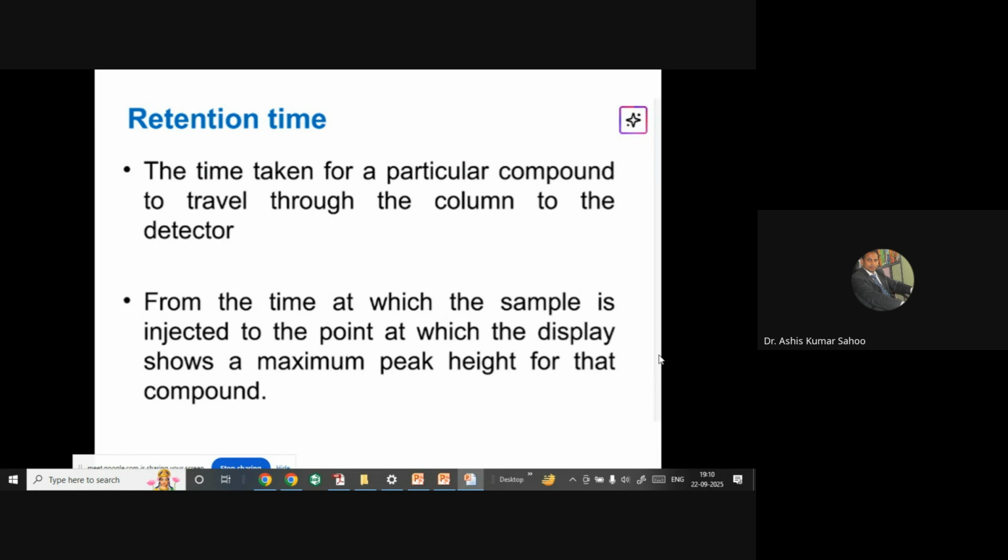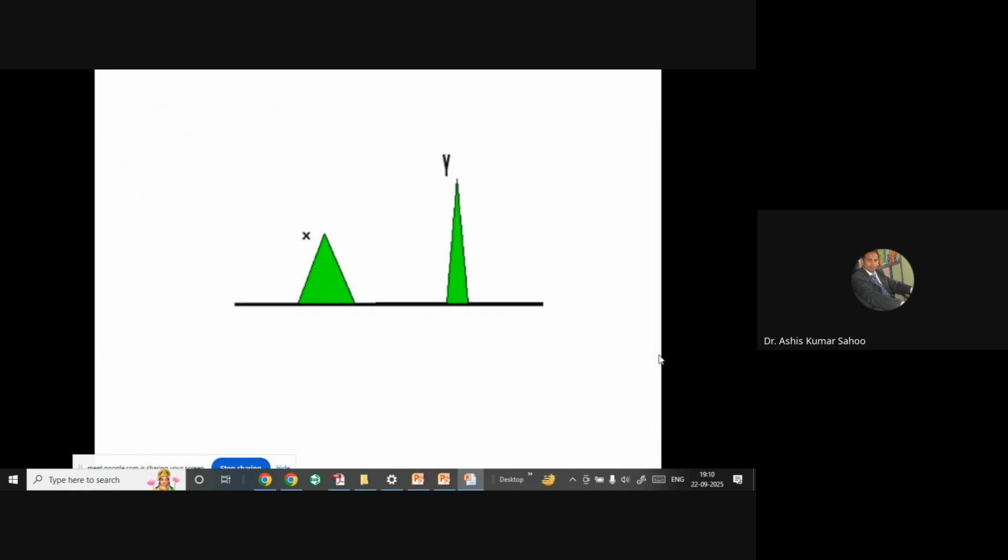It is measured from the time at which the sample is injected to the point at which it shows the maximum peak height for that compound. So this is known as retention time. You can see what the retention time looks like, and in HPLC you will see the graph looks like this.